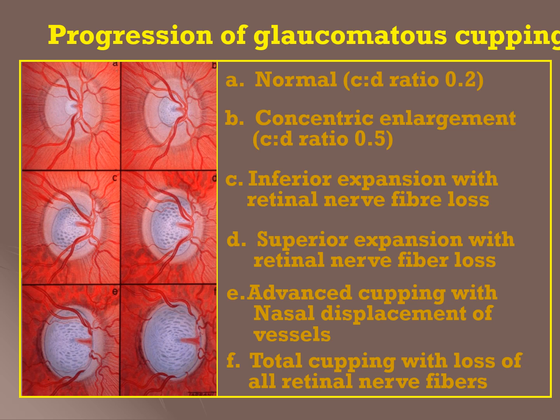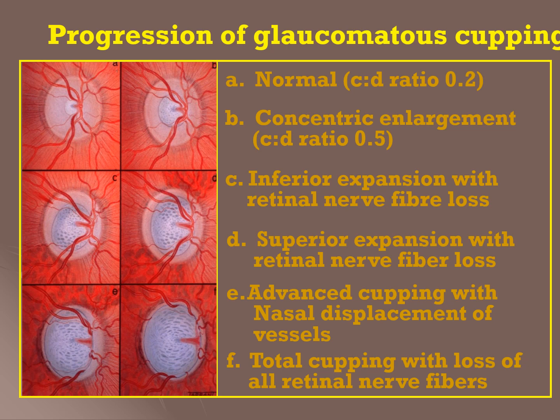In picture C, inferior expansion with retinal nerve fiber loss, and picture D, superior expansion with retinal nerve fiber loss. In pictures E and F, advanced cupping with nasal displacement of vessels. And in the last picture, total cupping with loss of all retinal nerve fibers.